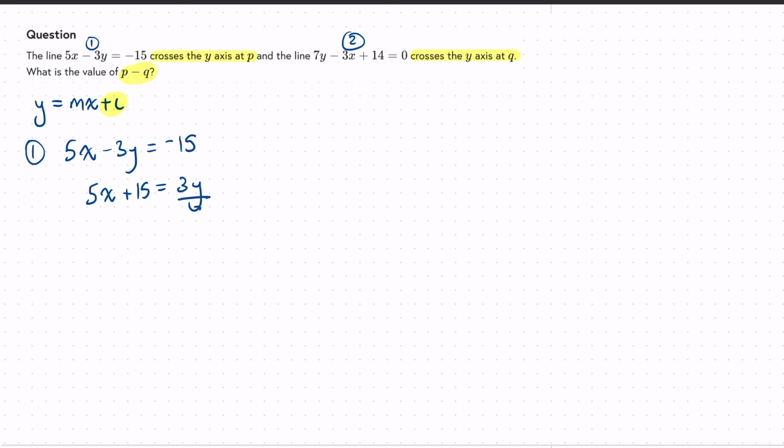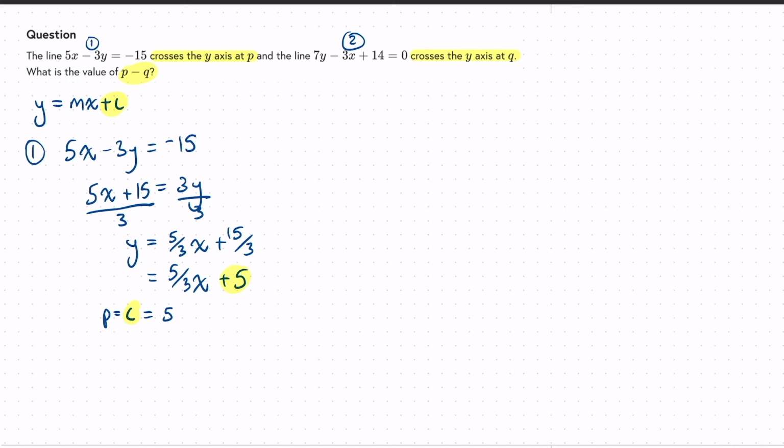I'm going to divide both sides by 3, which gives me y equal to 5/3x plus 15/3, which gives me 5/3x plus 5. And if this equation crosses the y-axis at p, then p is equal to c, which is equal to 5. Alright, we can see that there.